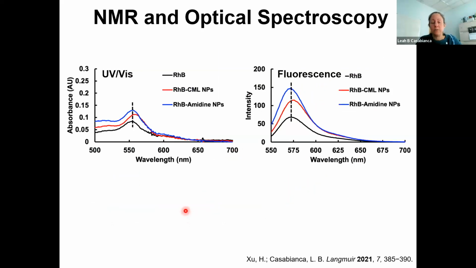We compared this to UV vis and fluorescence spectroscopy. These also give us the same answers. So in the case of the rhodamine, we don't see any shift in either the UV vis or fluorescence spectrum when we add the amidine nanoparticles. But in the case of carboxylate modified nanoparticles, we see a shift of a few wave numbers in both the UV vis and the fluorescence spectrum.